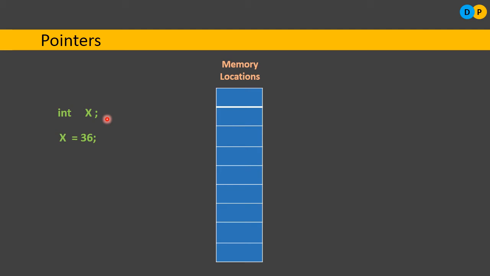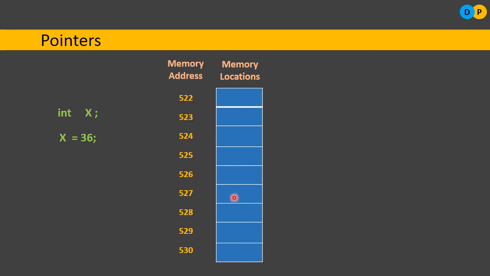Nothing but the compiler will assign 2 bytes anywhere. It is left to the discretion of the operating system and the compiler. We cannot take the responsibility of assigning the exact memory. So it is all left to the discretion of the operating system and the compiler. The compiler will be allocating memory to the variable x somewhere in a pile of memory.